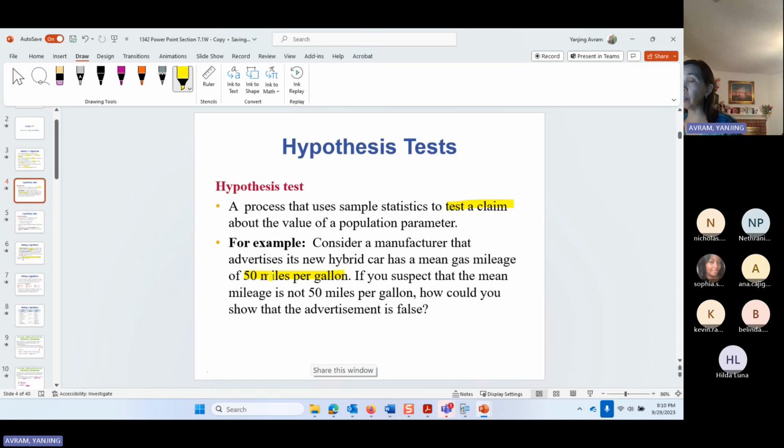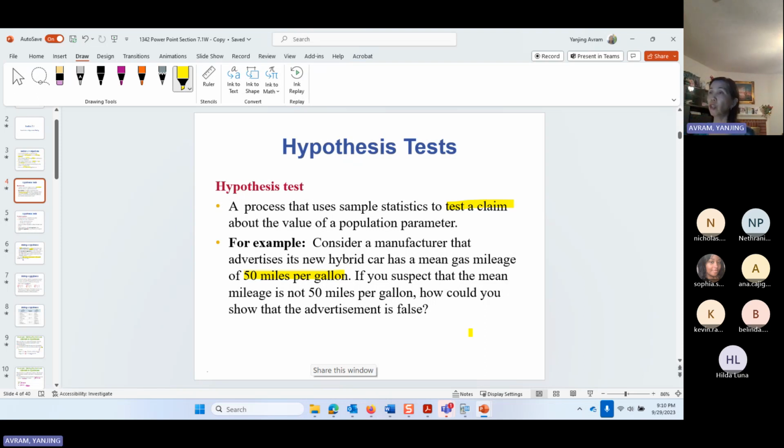If you suspect the mileage is not 50 miles per gallon, how can you show the advertisement is false? That is the hypothesis test. We want to test a claim to see if it is true or false.